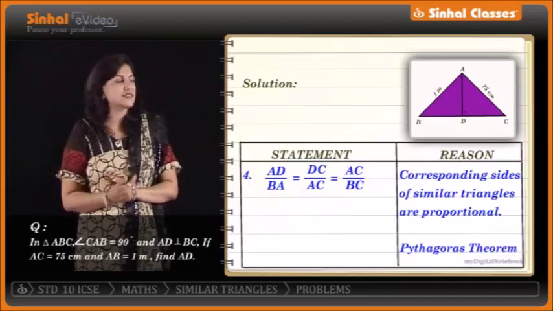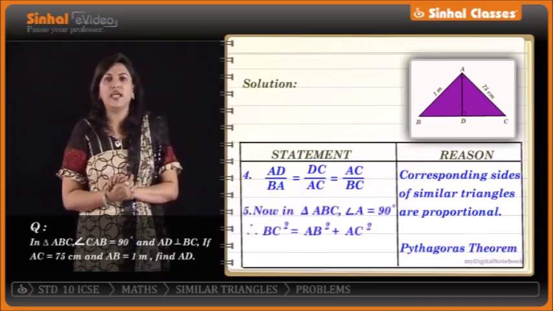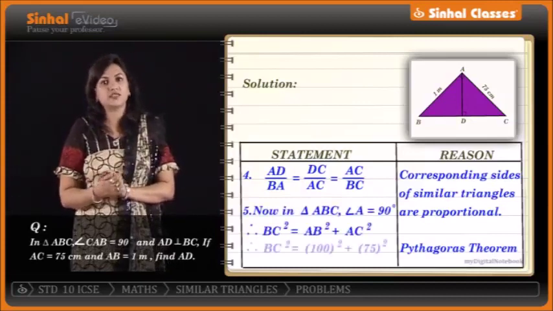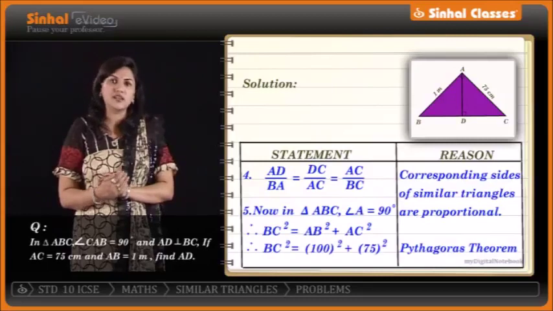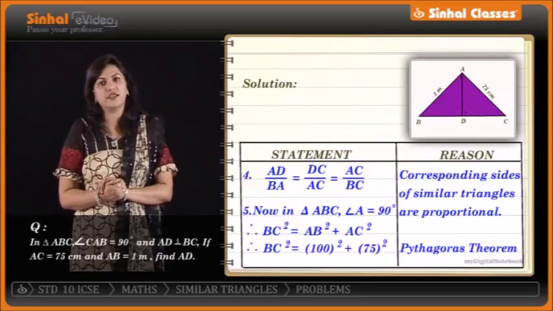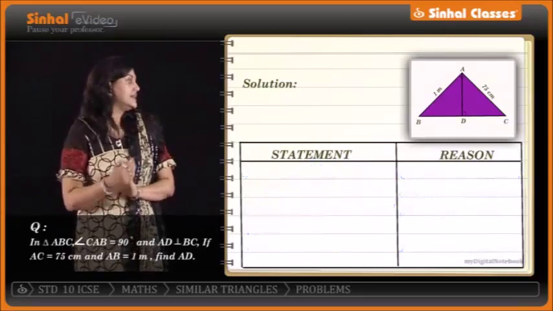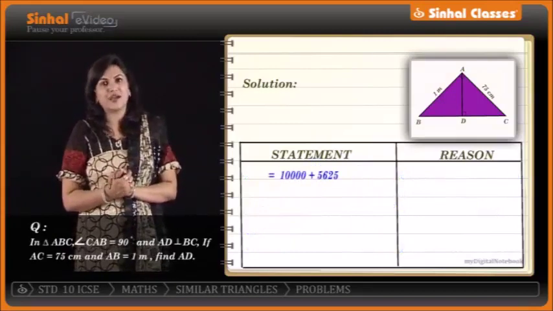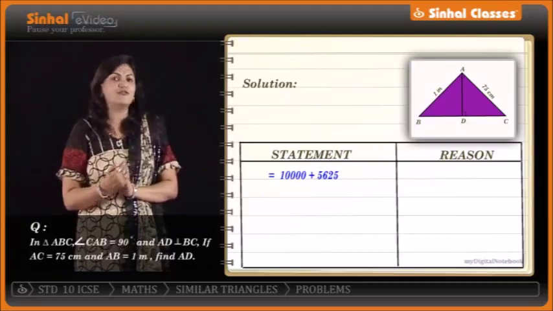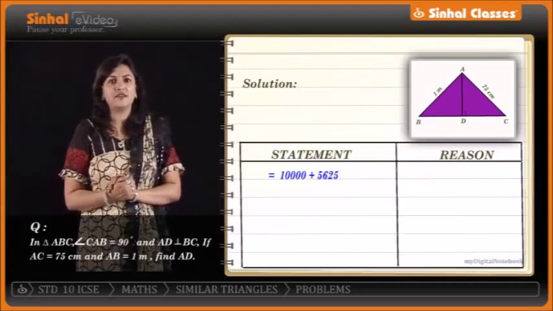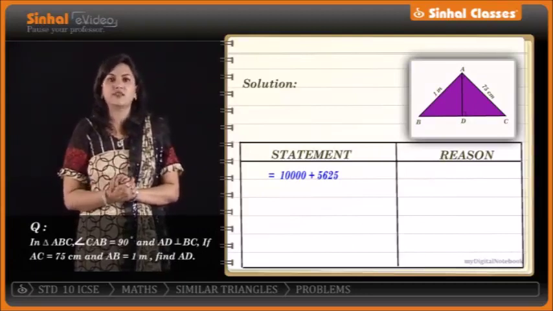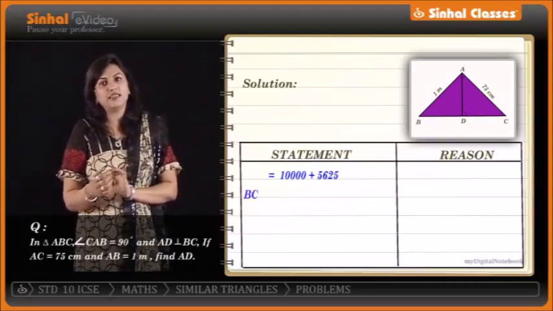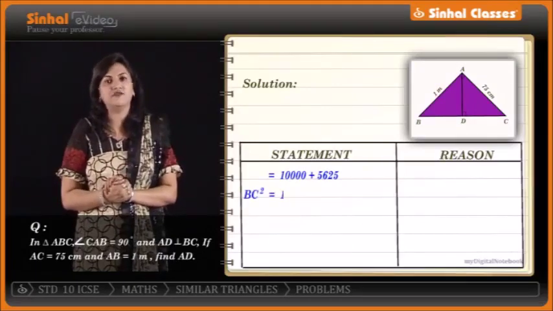We write BC square equals AB square plus AC square. So BC square is equal to 100 square plus 75 square. That is 10,000 plus, now what is 75 square? That will give us 5625. So we have BC square equal to 15,625.